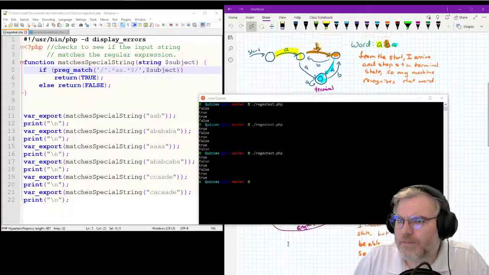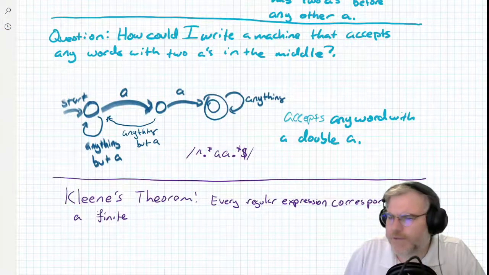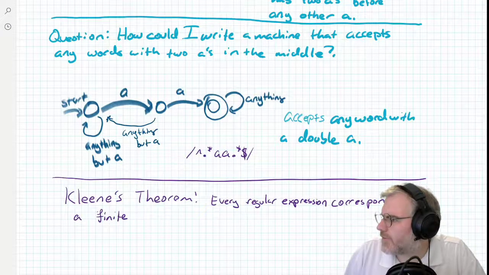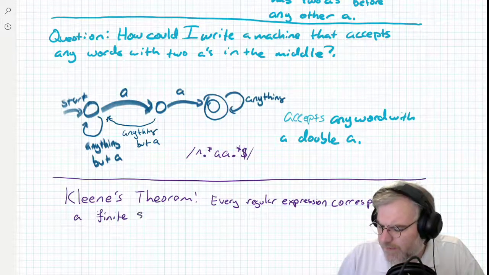Which word did I end up using? Oops, I'm on the wrong one. There we go. I'm trying to use the exact same expression as in the book, so I don't want to use deterministic. I want to say finite state automata.